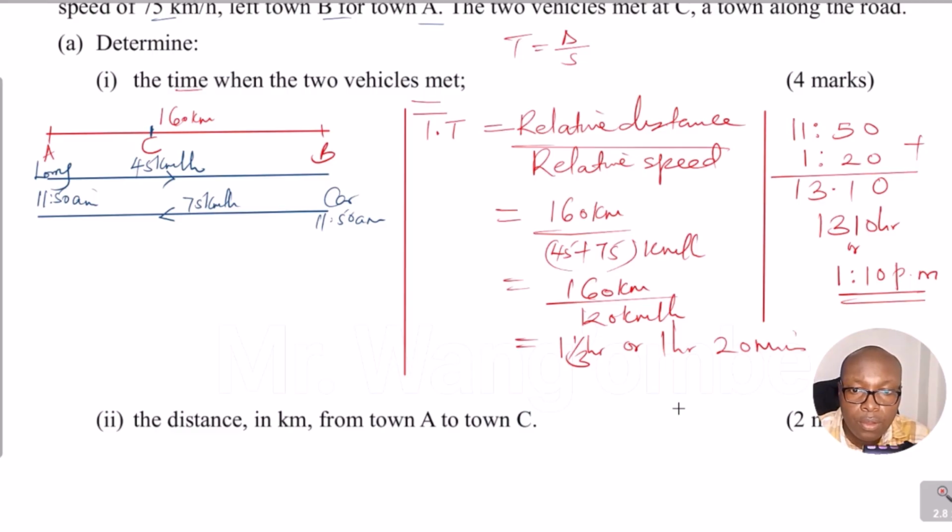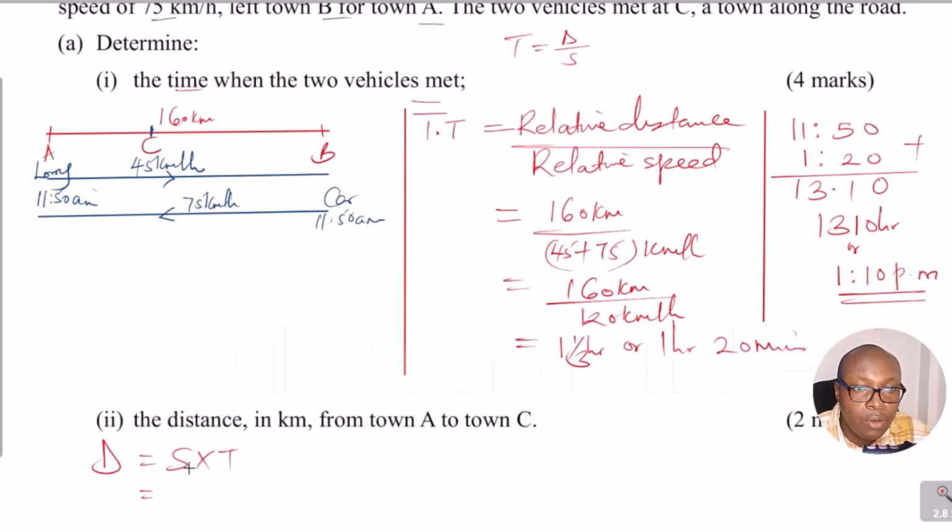Part 2, the distance in kilometers from town A to C. So you need to get this distance from A to C. That's very easy. How do you get the distance? Distance, you get it by taking the speed multiplied by the time. So which speed are we going to use? Is it the relative speed? No. We shall use the speed of the lorry.